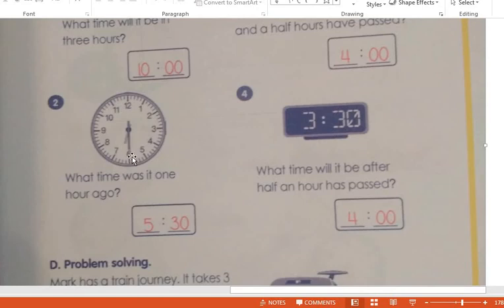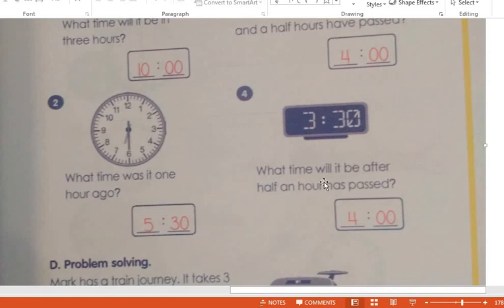The number before the short hand is 6 or 7? Yes, 6. So the clock tells me it's half past 6 or 6:30, right? Now, what time was it 1 hour ago? Minus 1. 6:30 minus 1 hour, so it will be 5:30.